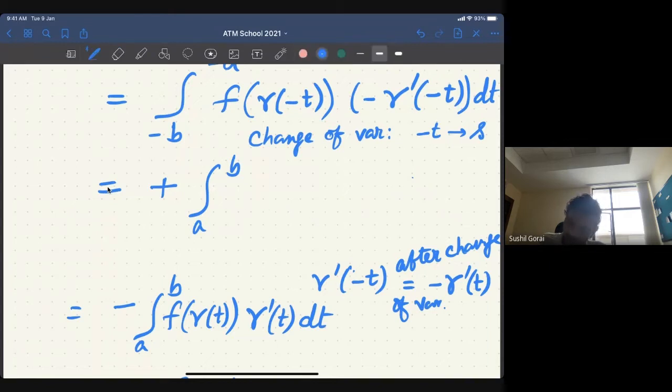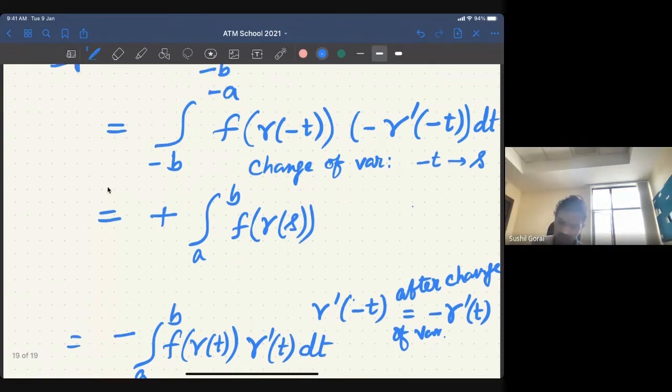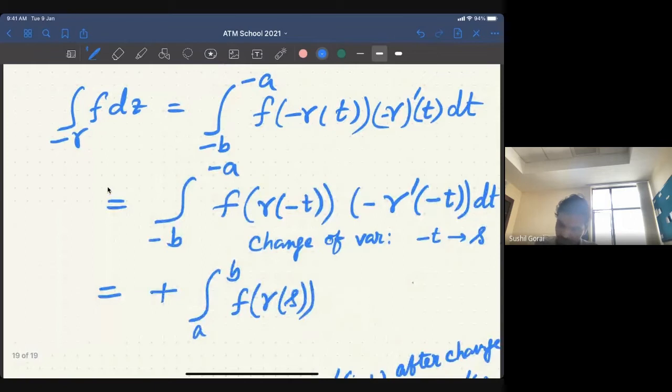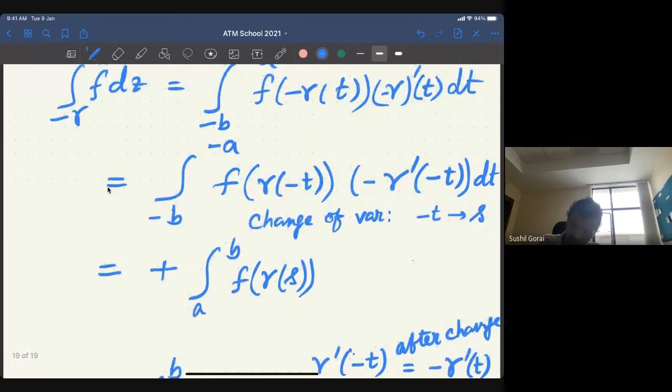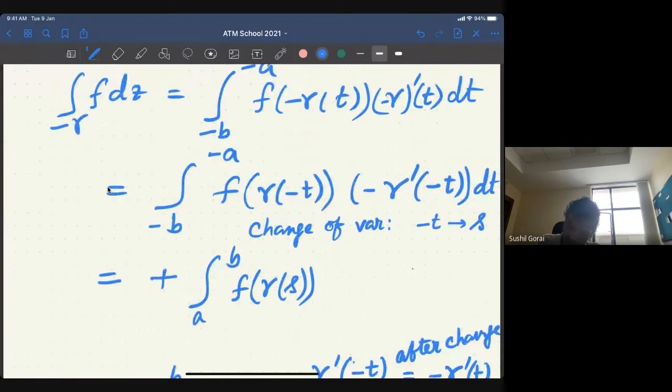Your change of variable is s equal to minus t, so the integration will be from a to b, and gamma of minus t will be s. And here there is a minus sign.